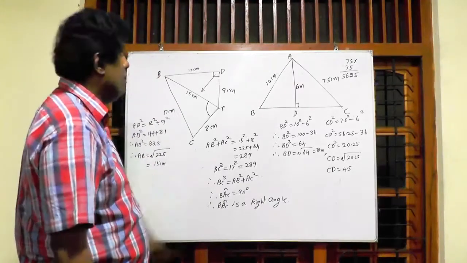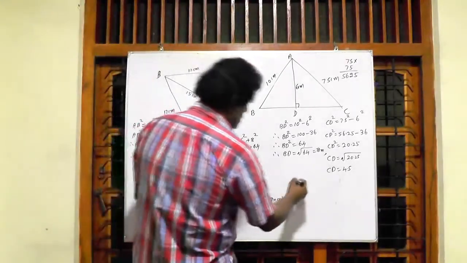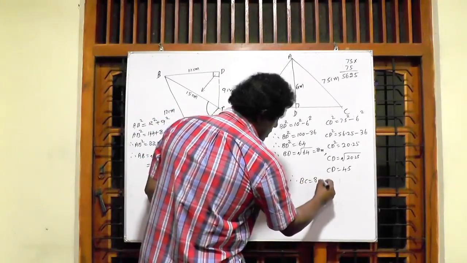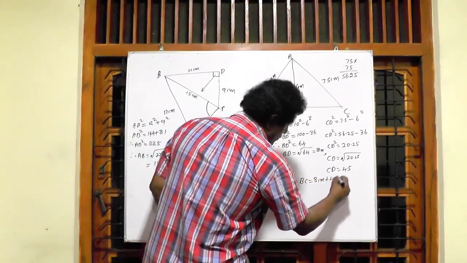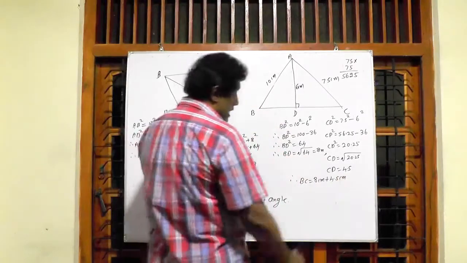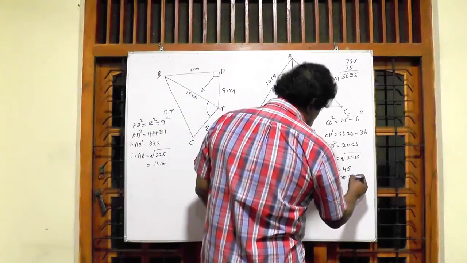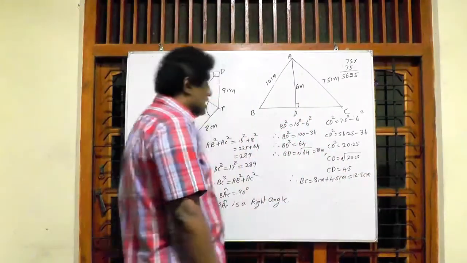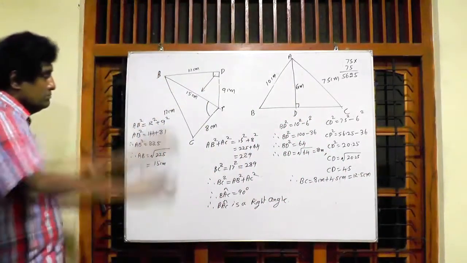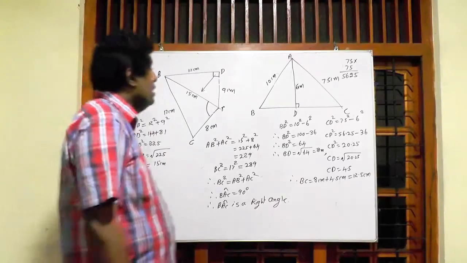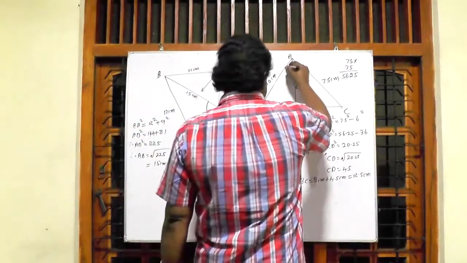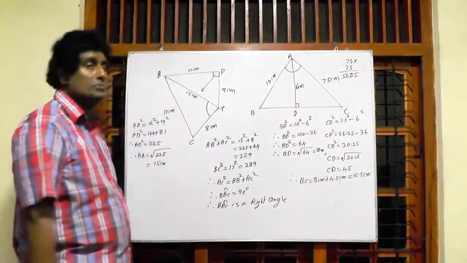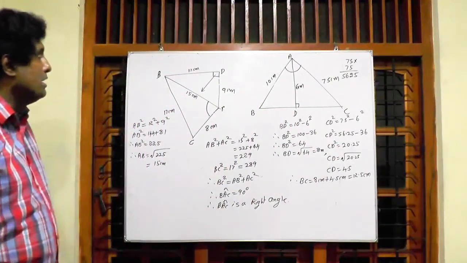Now we can find the length of BC. Therefore, BC equals 8 centimeter plus 4.5 centimeter. Then that's equal to 12.5 centimeters. This is the length of the line BC, 12.5 centimeter. Now we have to show that angle BAC is an angle of 90 degrees, or BAC is a right angle.